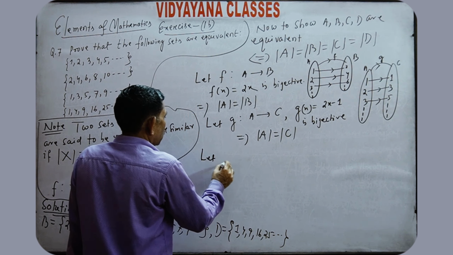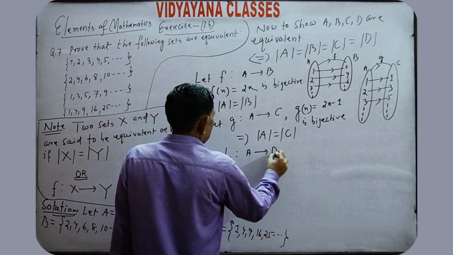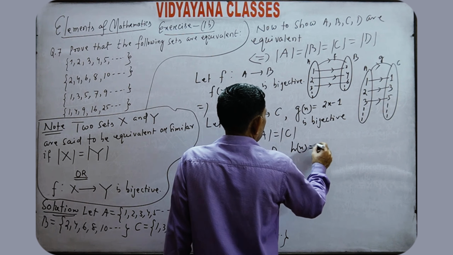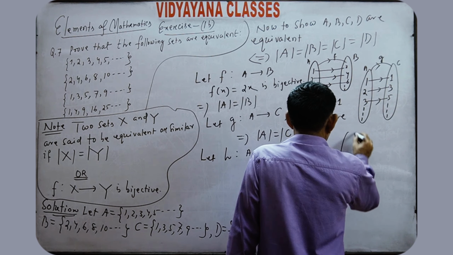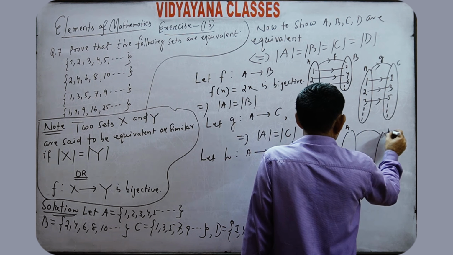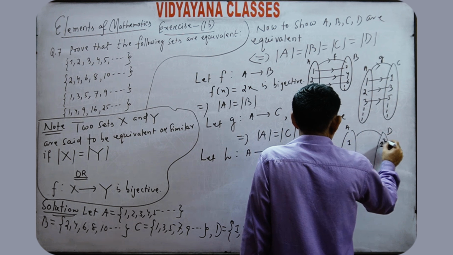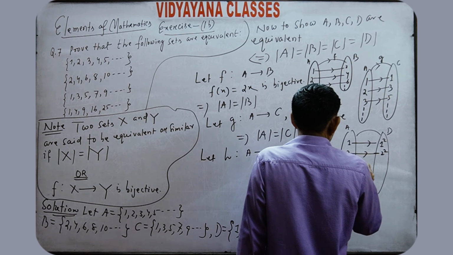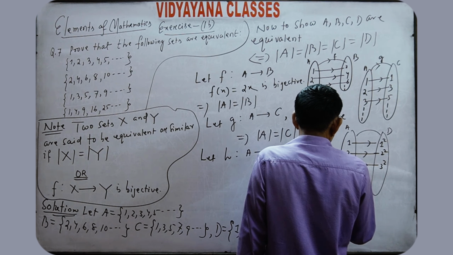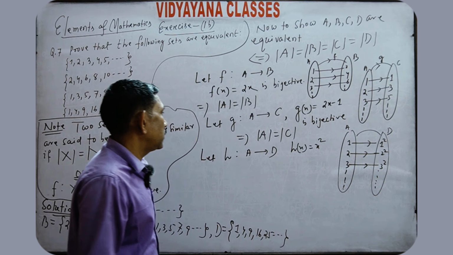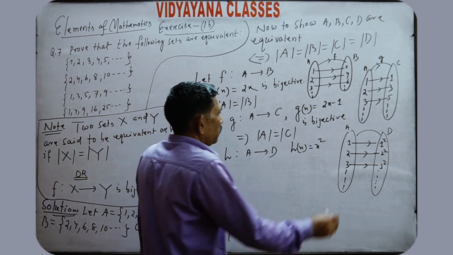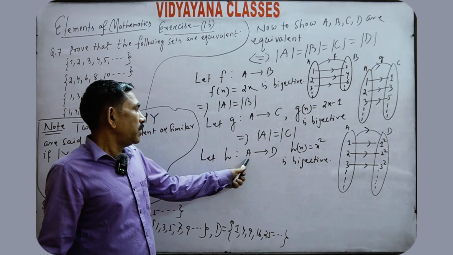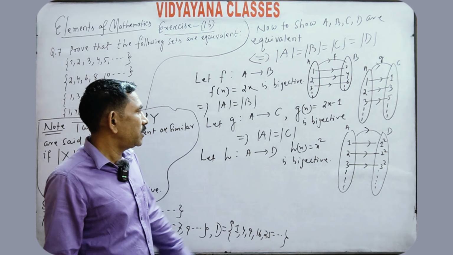Let h be the function from A to D. h(x) is equal to x square. 1 goes to 1 square, 2 goes to 2 square, 3 goes to 3 square, and so on. h(x) equal to x square is bijective since it is one-to-one and onto.